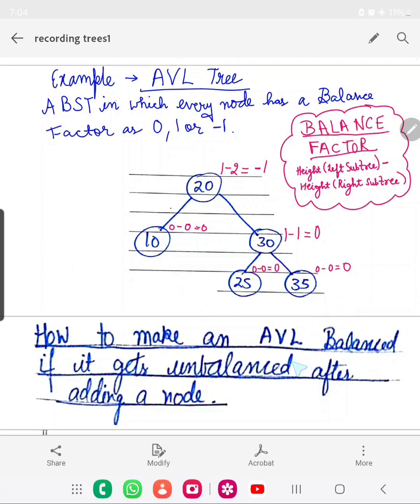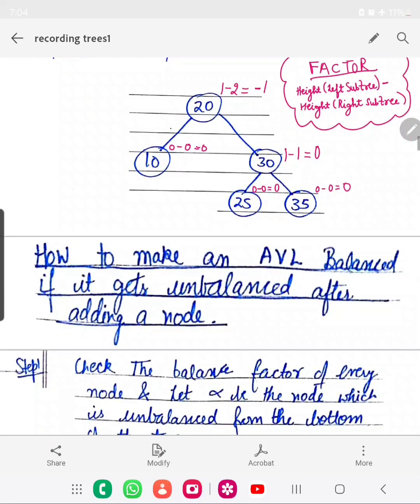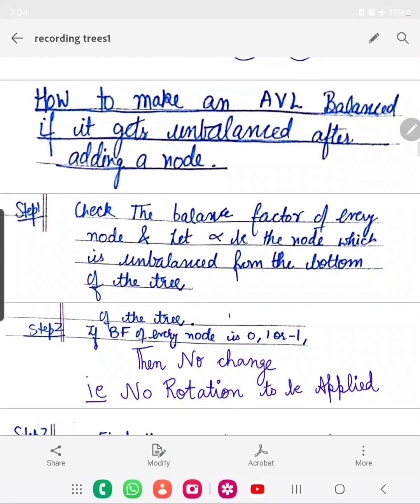Now the thing is, how to make an AVL tree balanced if it gets unbalanced after adding a node. Step 1. Check the balance factor of every node, and let alpha be the node which is unbalanced, found from the bottom of the tree, when we add a new node.